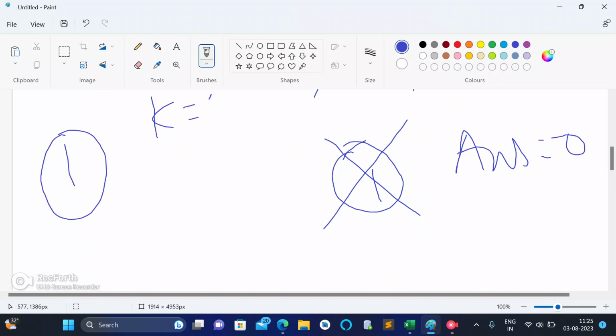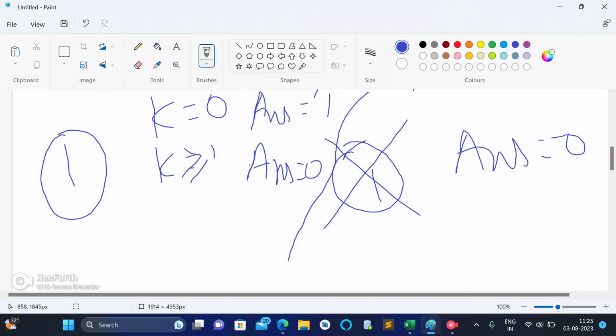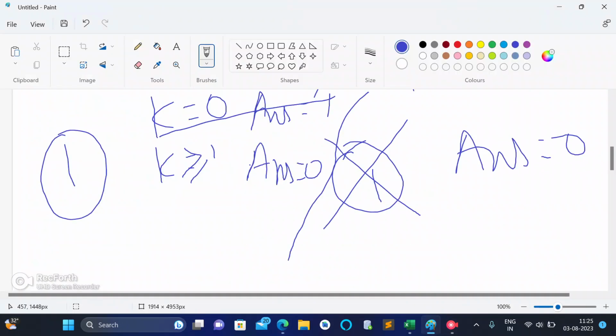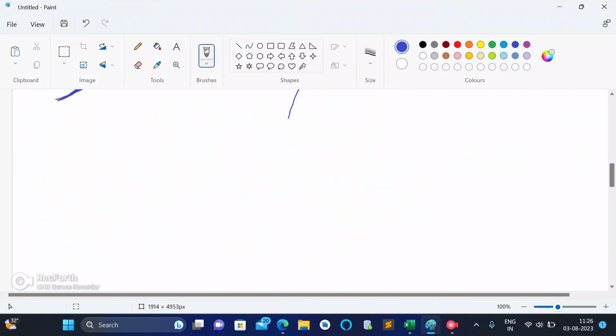If k is equal to 0, the answer would be 1, and if k is greater than or equal to 1, the answer is 0. But in this question we are given that k can't be equal to 0. So an answer of 1 can never occur. If the number of nodes is 1, the answer would definitely be 0.